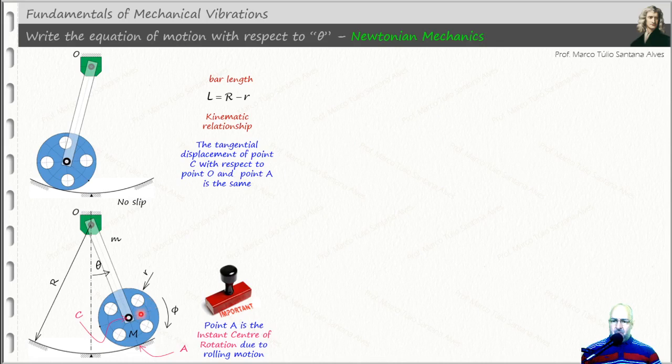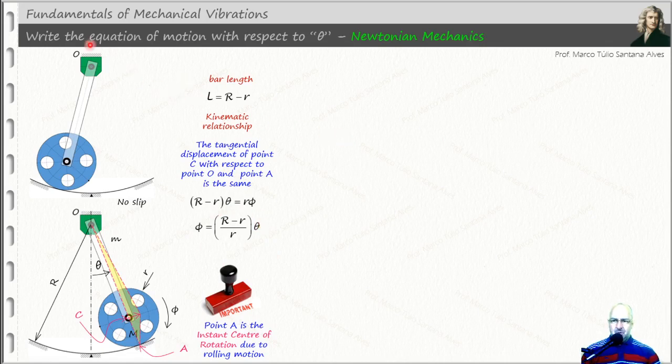The tangential displacement of the center of the disc is common if you see this motion from point O or from point A. As you can see, analyzing this triangle here, the tangential displacement seen by O is the same as that seen by point A. The left-hand side of this equation represents the tangential displacement seen by O, and the right-hand side the tangential displacement seen by point A. If I isolate phi, we obtain this expression here.